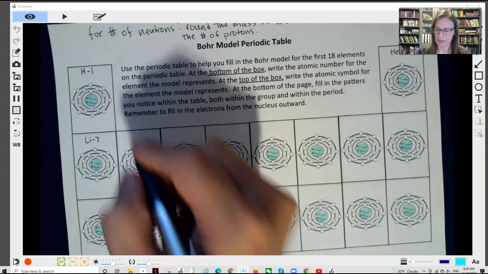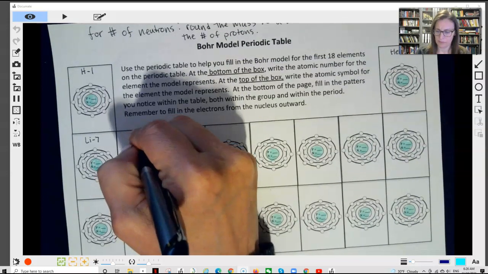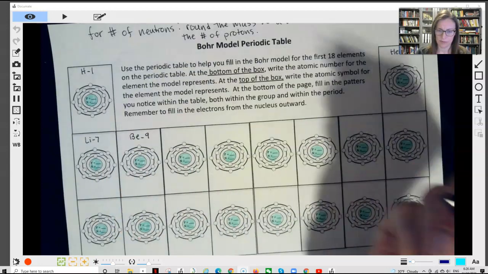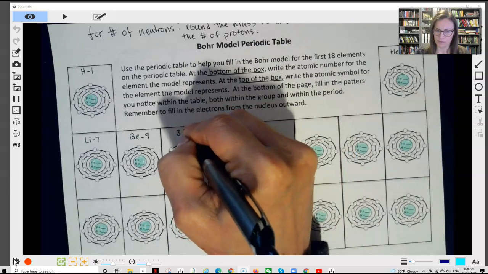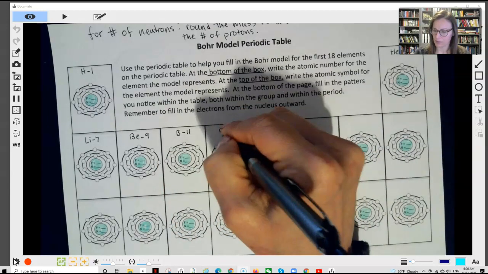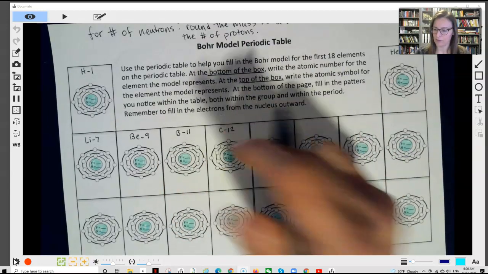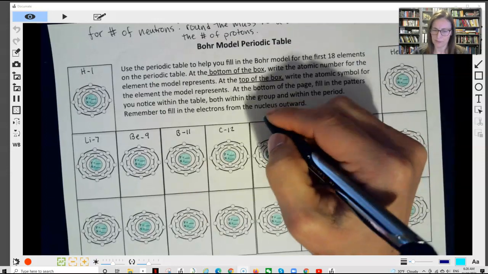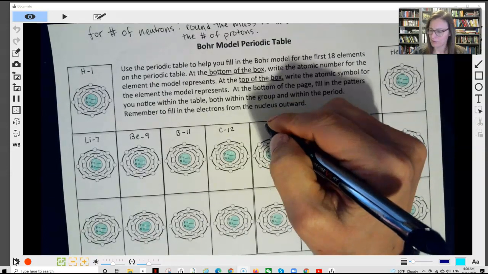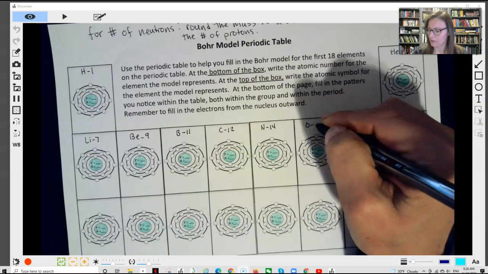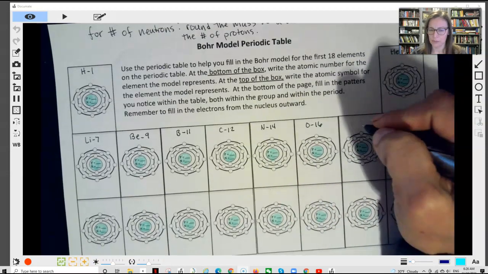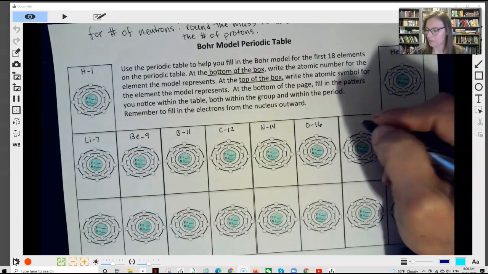Beryllium 9, boron 11, carbon 12. So we'll use these to find our neutrons, right? And nitrogen 14, oxygen 16. So these are all the most common isotopes, just rounding the mass number to a whole number.